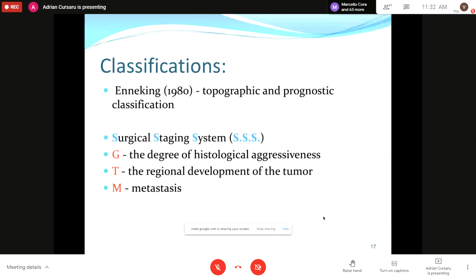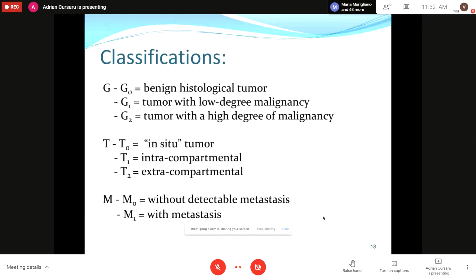We are including those three chapters in our classification. What does G mean? We have G0, 1, or 2. G0 means a benign histological tumor. In G1, we have the tumor with low-grade malignancy, and G2 is the most important type of tumor, represented by the tumor with a high degree of malignancy.